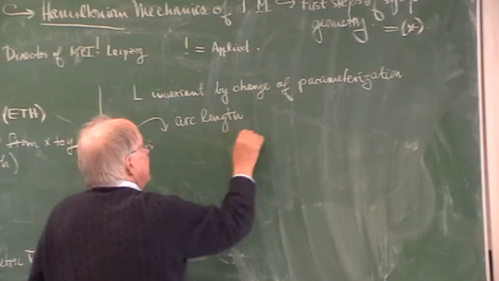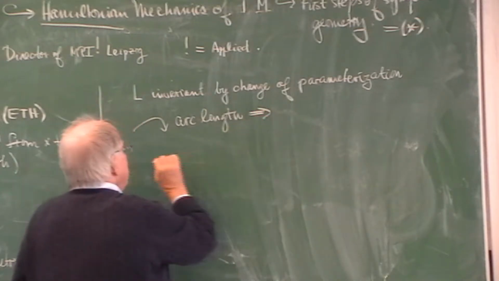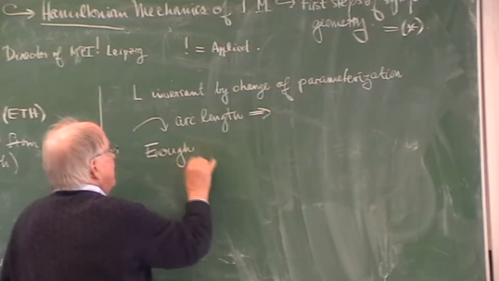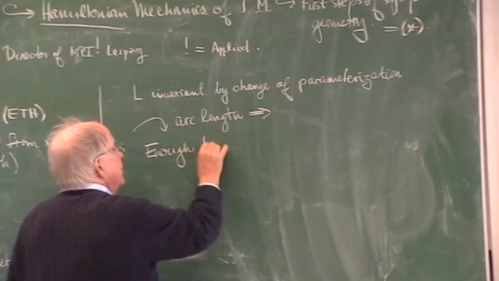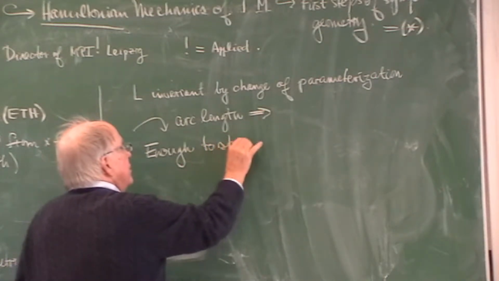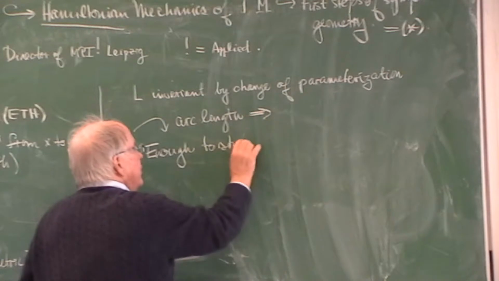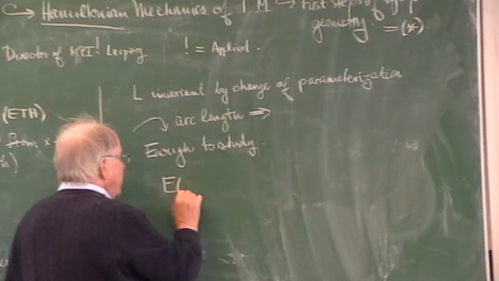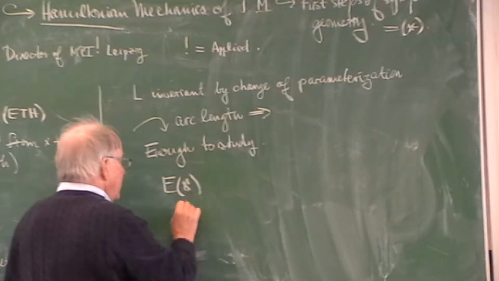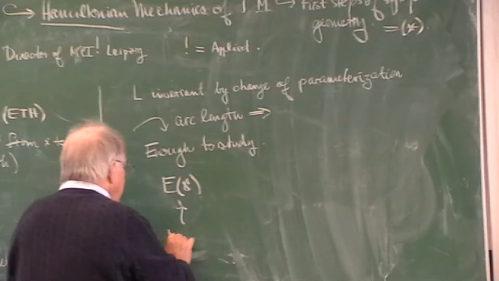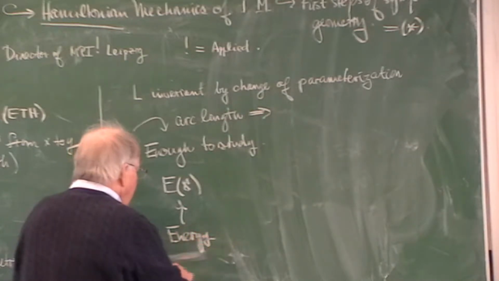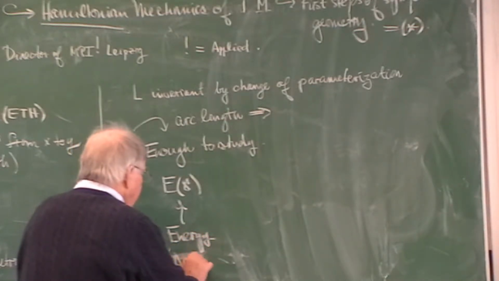And this means that it's enough to study something much better, what the physicists told us to study anyway, the action, which here we call the energy. So this is the energy of gamma, or the energy function of curves, or in physics notation, the action.